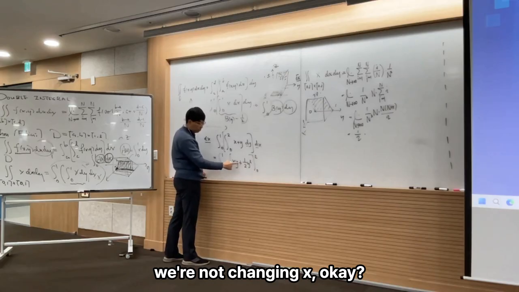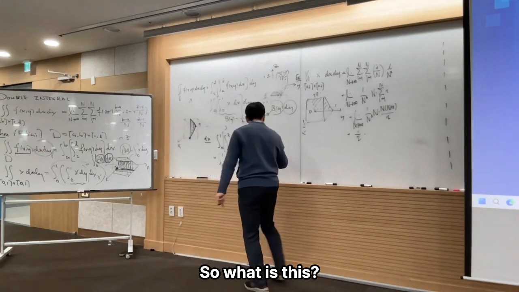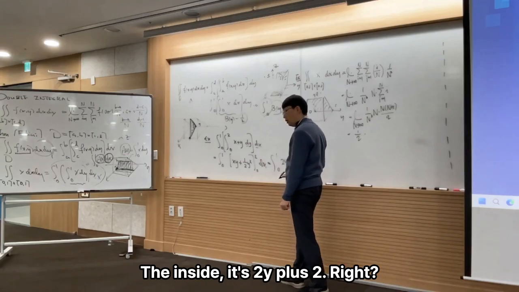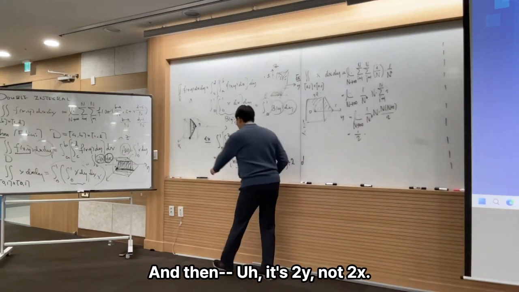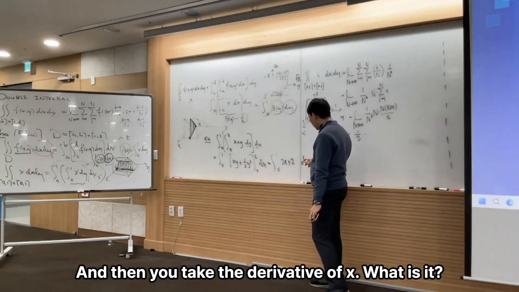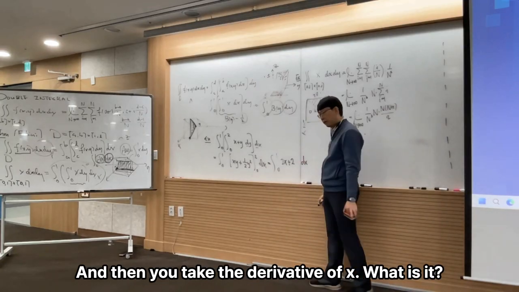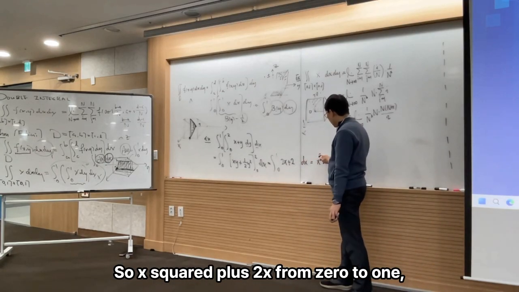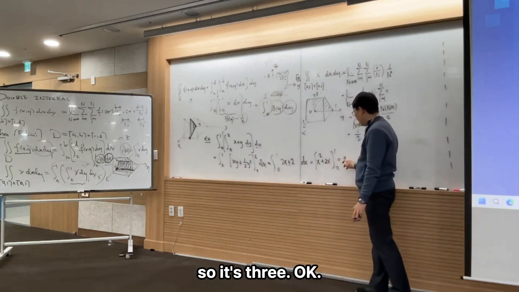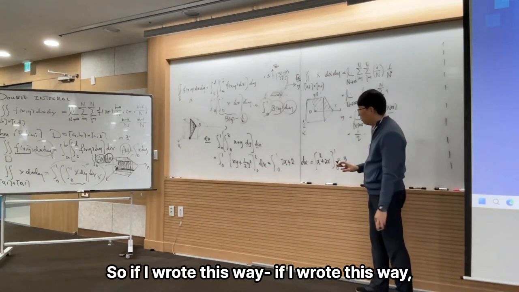We're not changing x. So what is the inside? It's 2x plus 2, sorry, not 2y. Then you take the integral in x. So x squared plus 2x from 0 to 1. So it's 3.